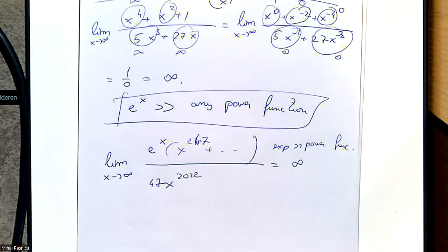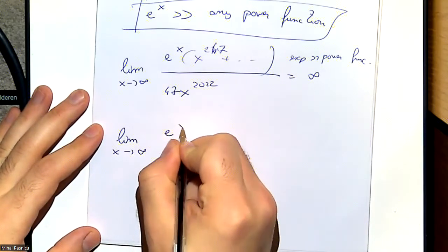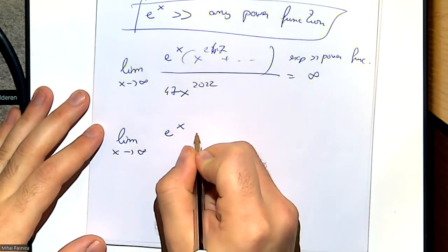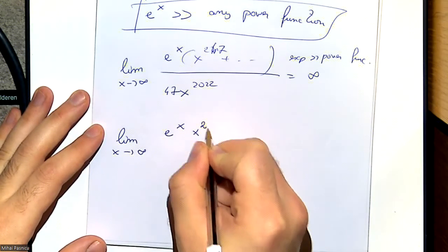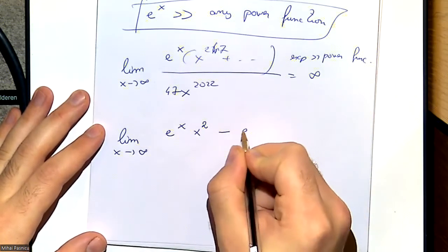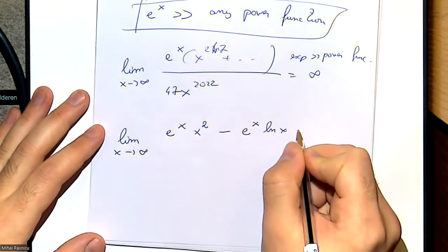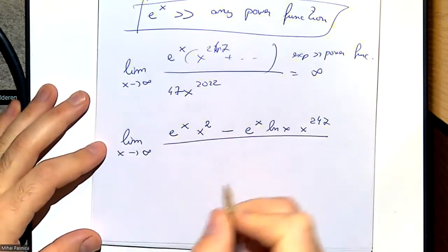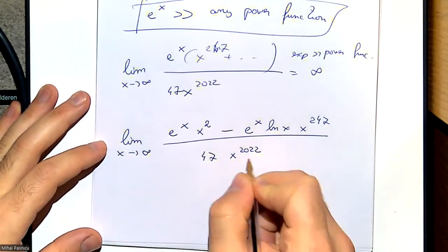My question is, what happens when you have something like this? e to the x, let me think about it for a second, x squared minus e to the x, log of x to the 247, something like that, over x to the 2022.